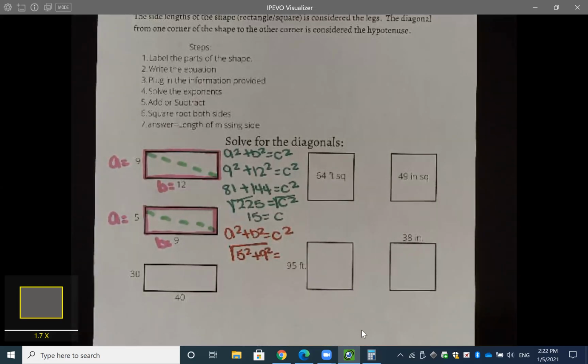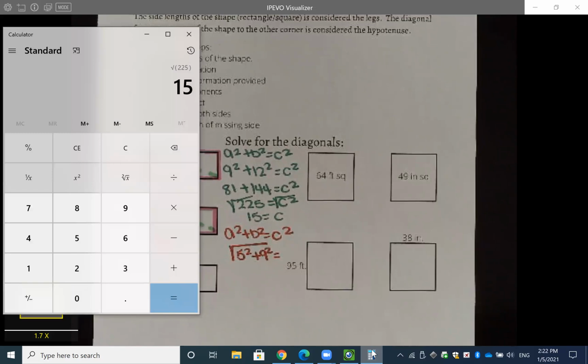If you're on campus and you have the actual calculator that we use in class, you definitely can put this all in at one time. Other than that, I'm going to do 5 squared plus 9 squared equals.